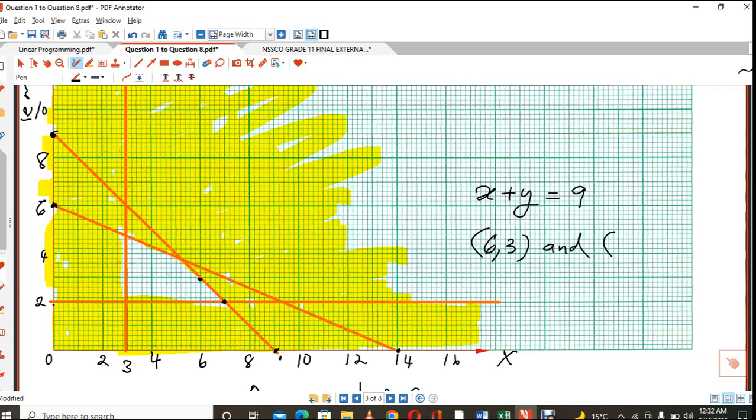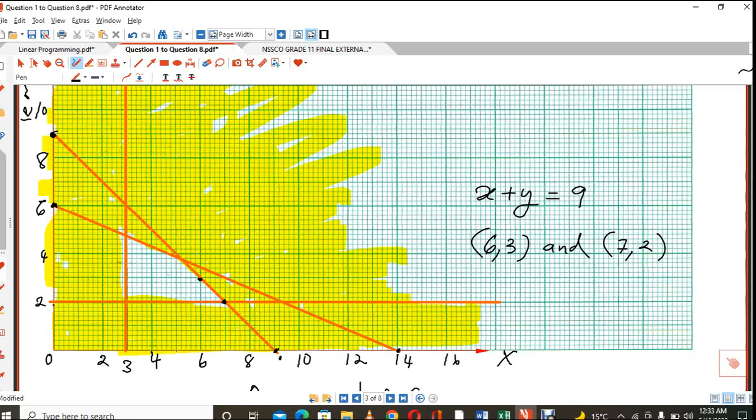And the other point here is the point 7,2. If you add those coordinates, you get 9. I'm not even going to look at others; these are the only ones on that line that are going to give you that condition.